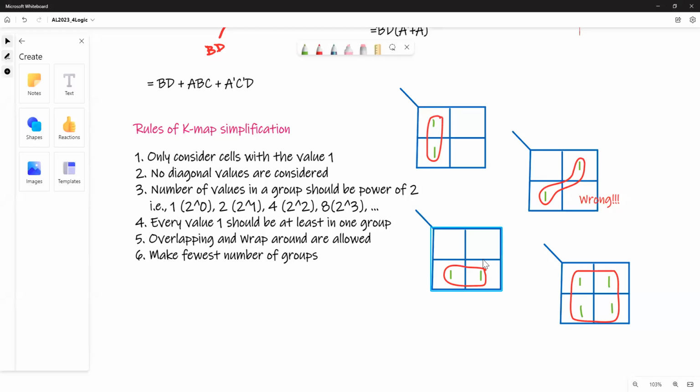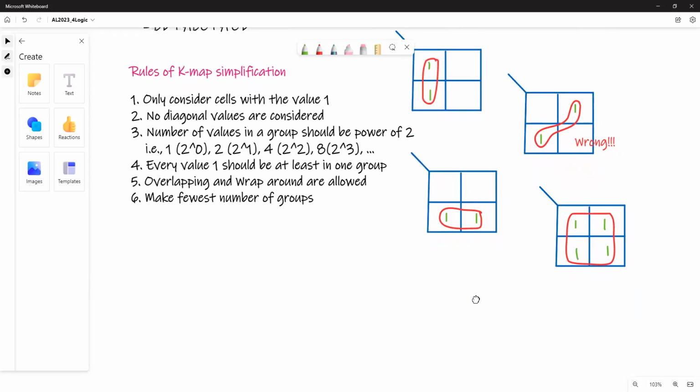Another one. So this one you should try alone, and try to come up with an answer. So let me give you a third one.